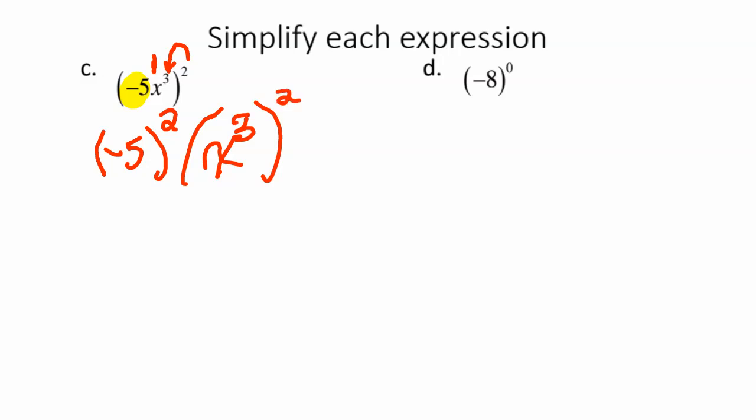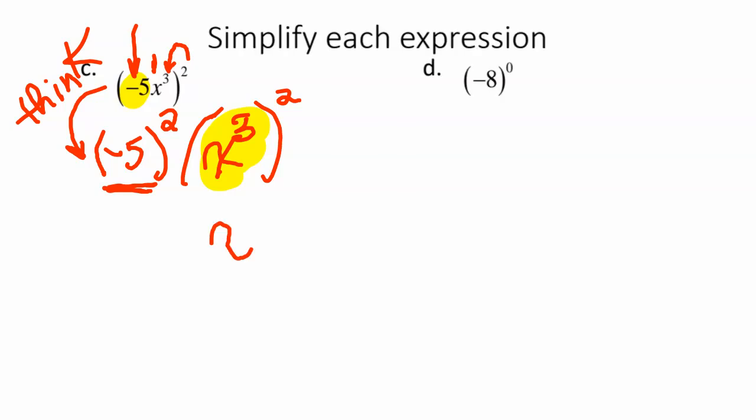This is what you need to think when you have a negative number. Now notice it's inside the parentheses, which is why I keep -5 inside the parentheses. Well, this is very easy to do. We're going to get x to the positive 6th power. But this is where you're going to have to watch.